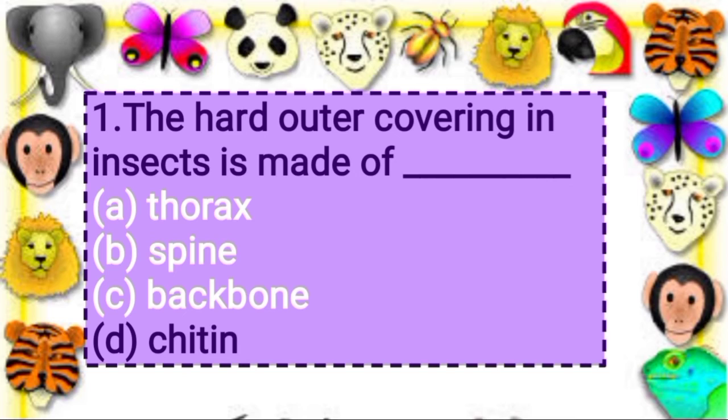So as you know, insects have 6 legs and their body is divided into 3 parts. And they have a hard outer covering made up of a material which is called chitin. So the answer is option D.